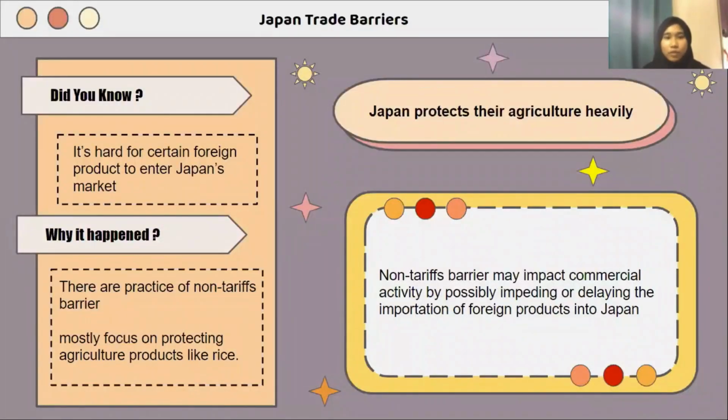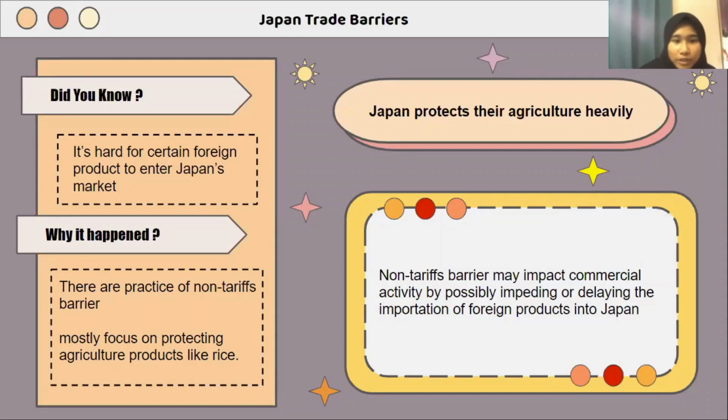Okay, next I want to focus on Japan's trade barriers. Did you know that it is hard for certain foreign products to enter the Japanese market? It is due to Japan's high standards for foreign products, and they also practice non-tariff barriers. These mostly focus on protecting agriculture products like rice, and Japan protects its agriculture heavily.